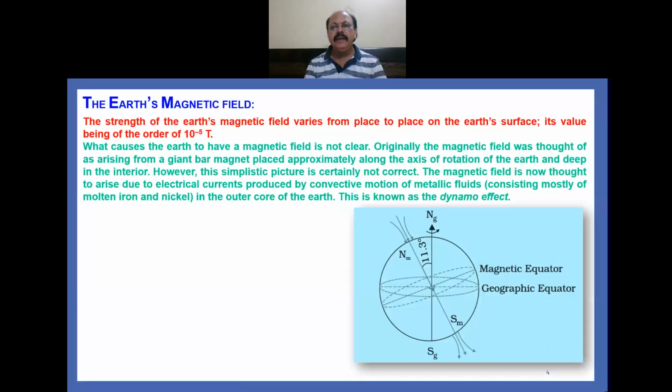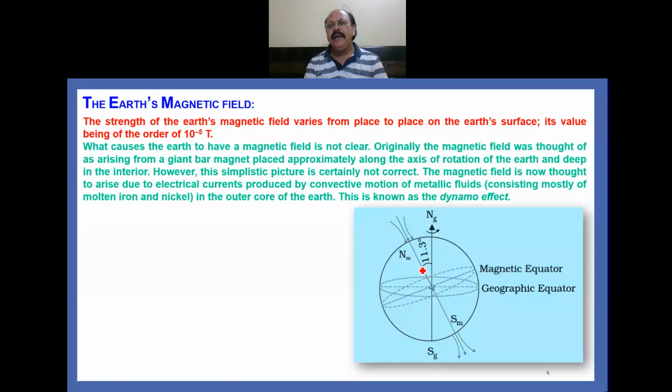Now you see here the diagram. This is the Earth, and this is the geographical north and south, and this line represents the magnetic north and south.